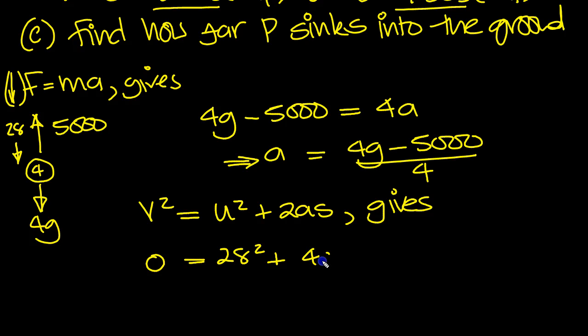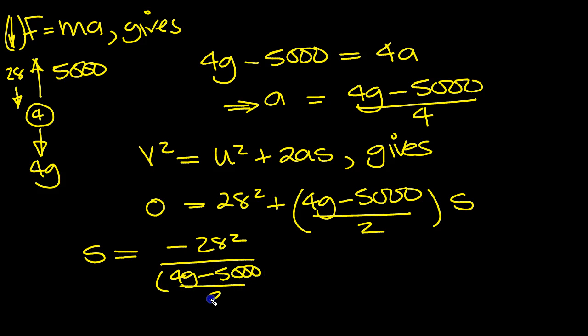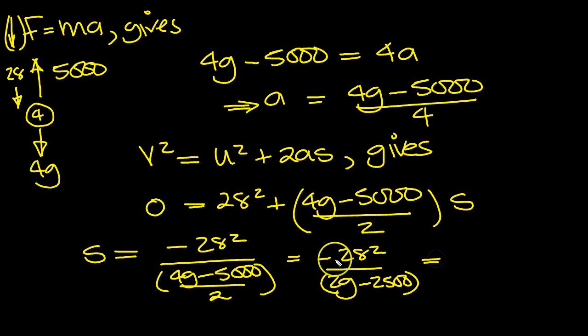So this will be 4g minus 5,000 over 2, because I've doubled it, because there's a 2 there. So 2 will cancel to leave 2, times the distance s. So s will equal then, the distance in the ground is equal to minus 28 squared divided by this number, 4g minus 5,000 over 2, g equals minus 28 squared. Divide by the 2, you get 2g minus 2500. Then we can flip a minus on top and bottom, can't we?